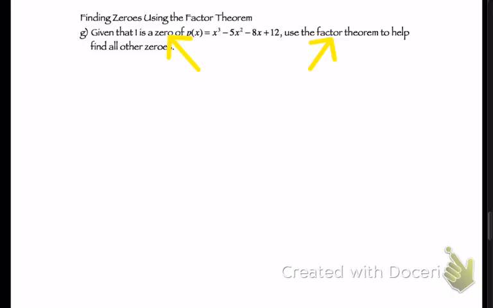I'm telling you that 1 is a 0. Based on the factor theorem, I'm going to go a little bit out of order. Given that positive 1 is a 0, think about the factor theorem. It said that x minus 1 then has to be a factor. If 1 is a 0, the x minus 1 needs to be a factor.